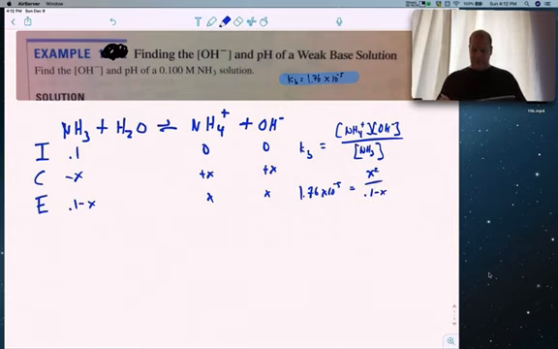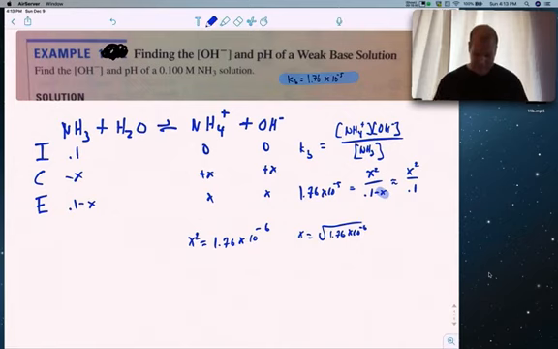We can apply the x is small approximation there to get x squared over 0.1. So x squared equals 1.76 times 10 to the minus 6, or x equals the square root of 1.76 times 10 to the minus 6, which I can't do in my head. It'll be something to the minus 3.